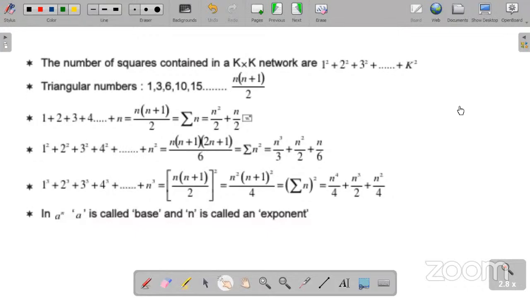So don't get any confusion, my dear students. That is very easy. The number of squares contained in a K by K network are 1 square, 2 square, 3 square plus so on K square. It will be useful for mental ability questions also.